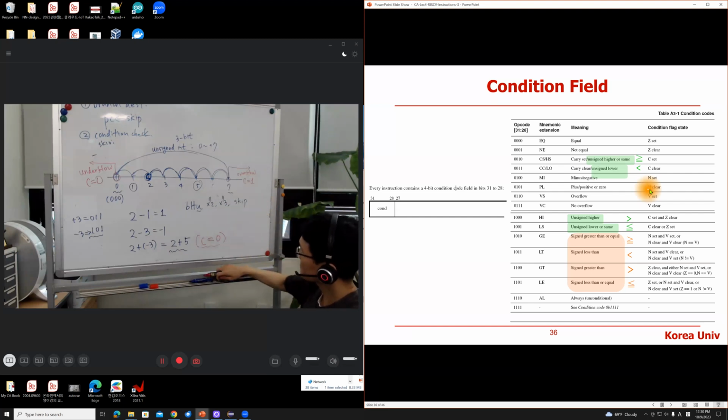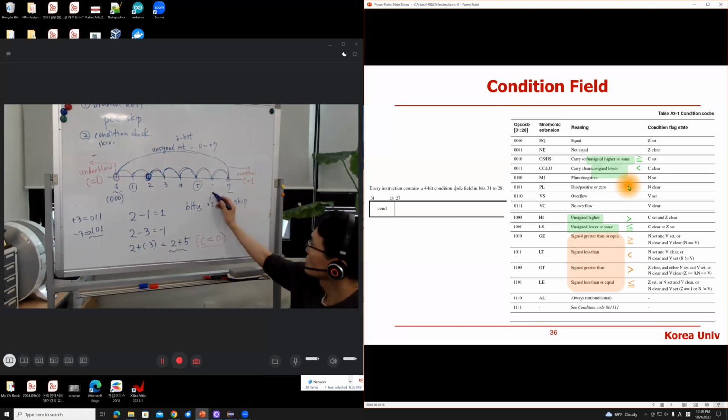So BLTU, less than, the condition is not met. Then with LTU, the condition is met. Unsigned lower, the carry bit is clear, sometimes confusing.